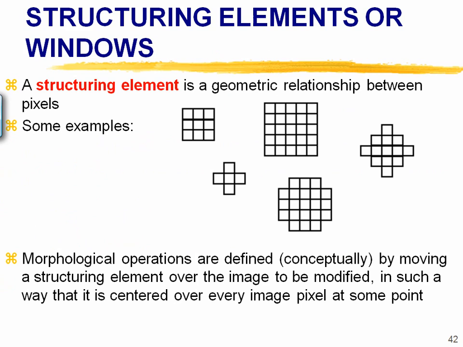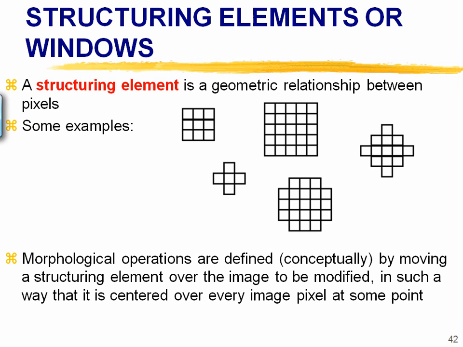So before we can talk about morphological operations, we need to understand a little bit about how we can construct these kind of processing algorithms. The fundamental structure within which all of these processing can be performed is under windowed operations.